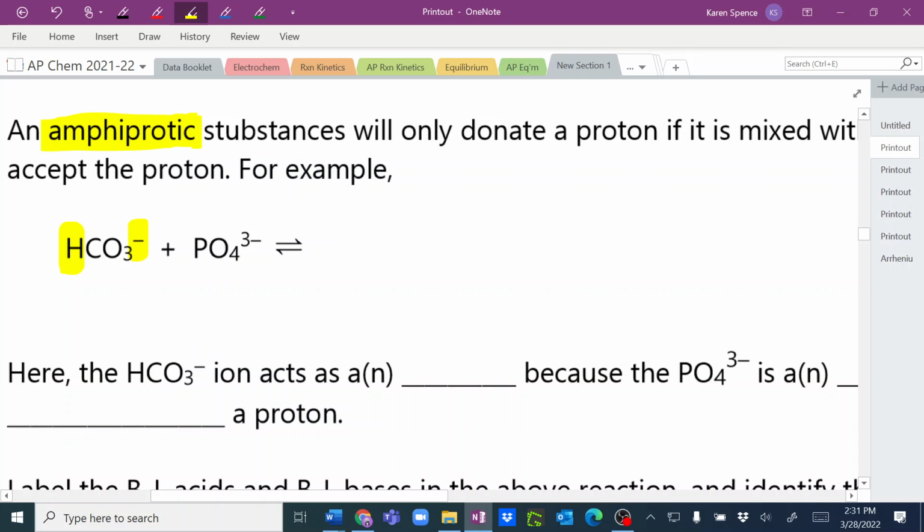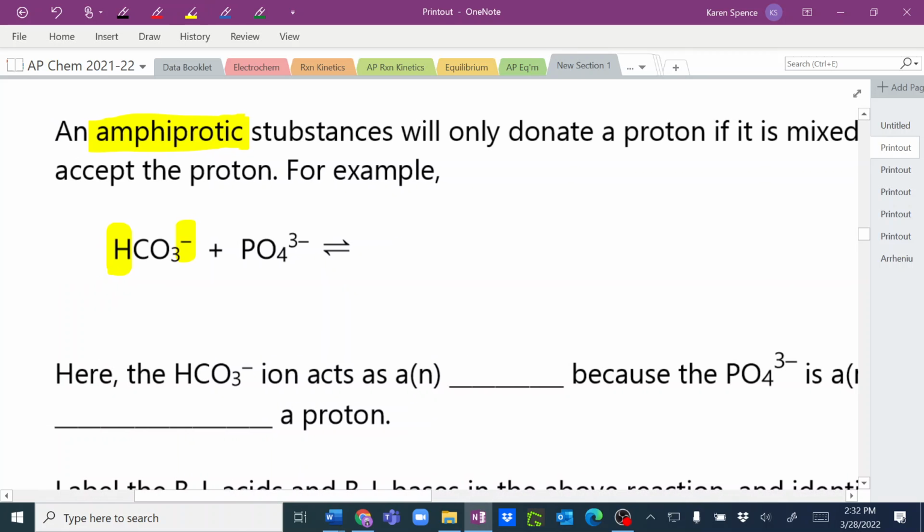What is it going to act as when it reacts with the phosphate ion? It's going to act as an acid. It has no choice, right? Phosphate doesn't have a hydrogen to give it. So this is going to be our Bronsted-Lowry acid. And this is going to be our Bronsted-Lowry base.